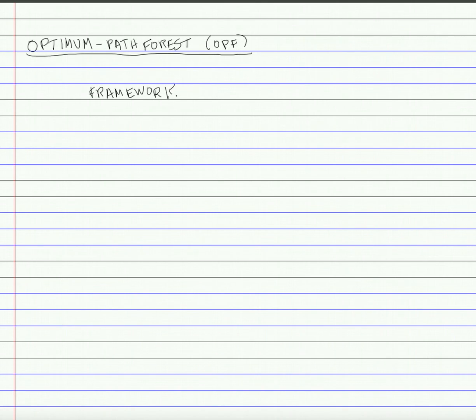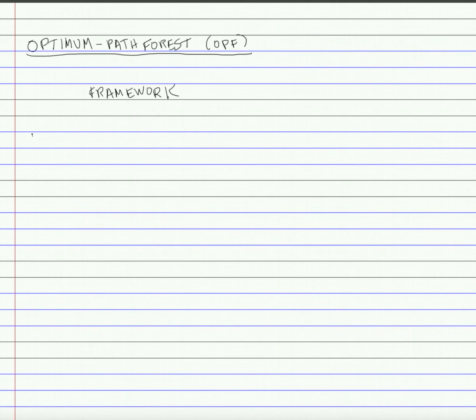It's a framework, I mean, depending on the configuration of the OPF, you can design your own OPF classifier. So today we have supervised, semi-supervised, and unsupervised versions. And even when we are talking about supervised classification, we have two variants of the OPF. But today we're going to talk about the very first one. Okay? So let's get started.